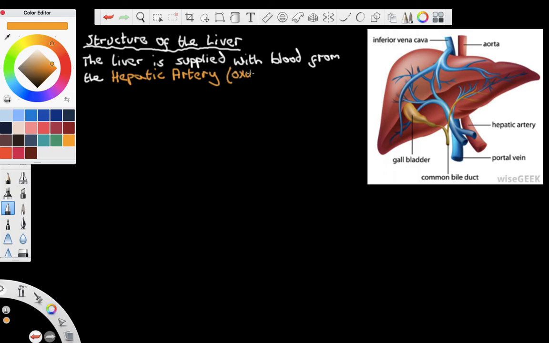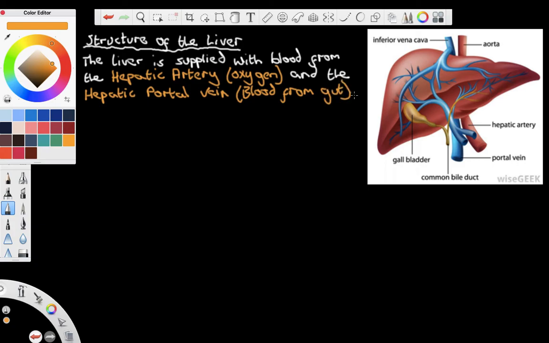And it also is supplied with blood from what's known as the hepatic portal vein. So it's supplied with blood from the hepatic artery and the hepatic portal vein, which carries nutrients from the gut. So blood from the gut. Okay.